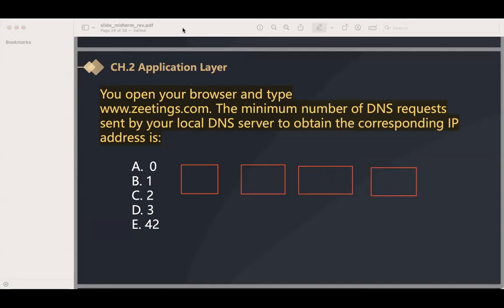For example, we have 4 routers, 3 routers. This is our PC, R1, R2. No, it's DNS server. I'm sorry.